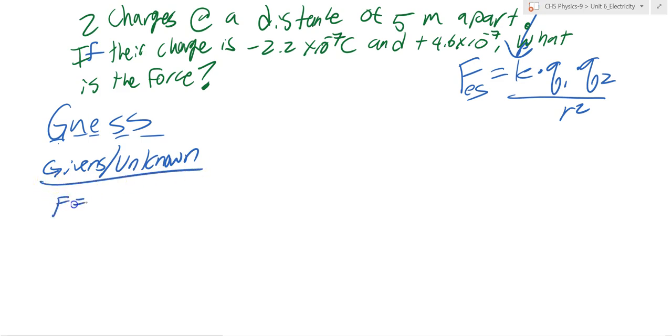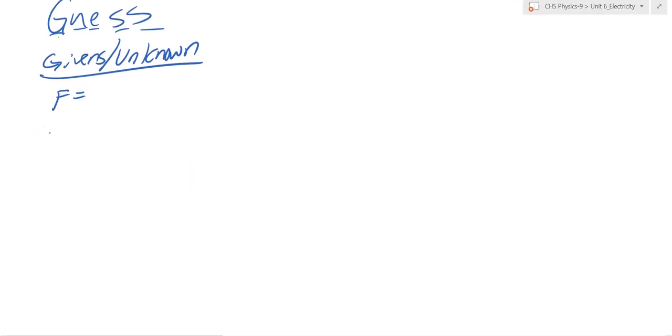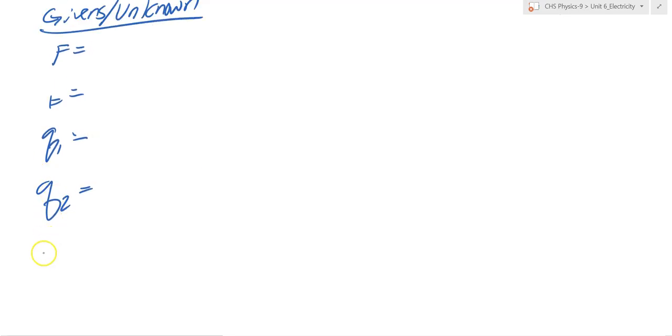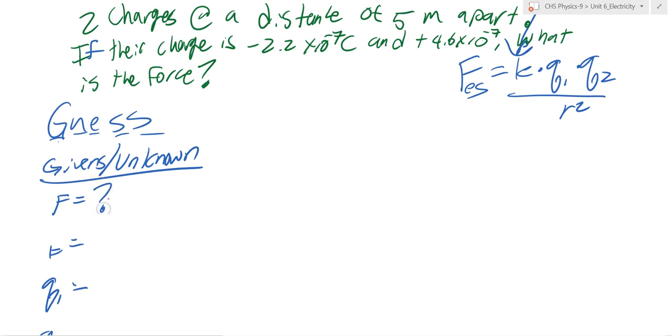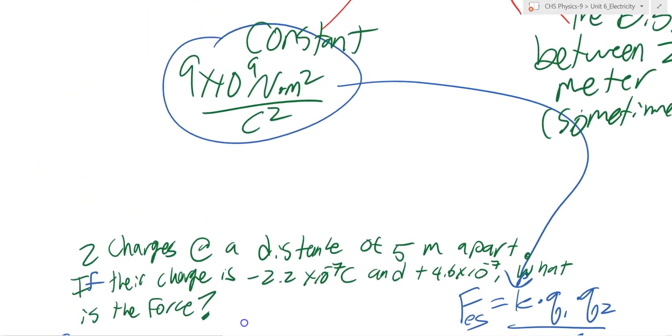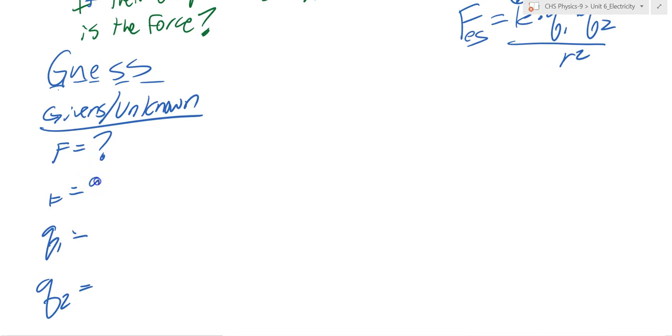So for this, we'd have F equals, K equals, Q1 equals, Q2 equals, and last, of course, R equals. I do not know the force for this one. K is always going to be that number.